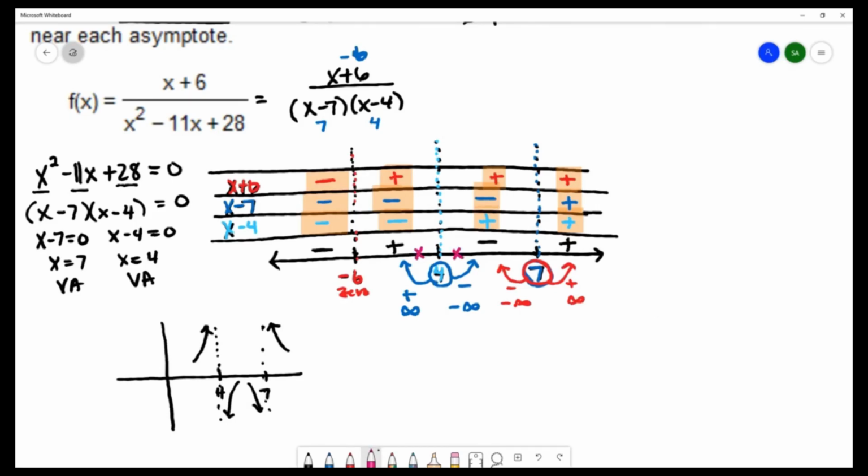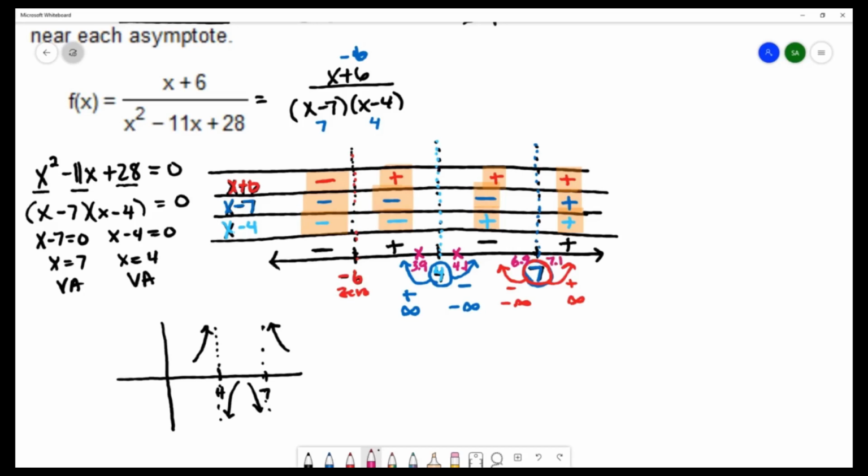So I want to choose a number that is smaller than 4, so maybe 3.9. And I want to choose a number that's bigger than 4, maybe 4.1. And I'll choose a number that is smaller than 7, 6.9, and a number that's bigger than 7, 7.1.